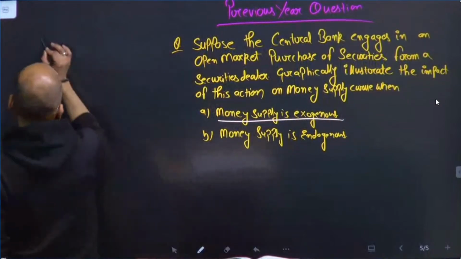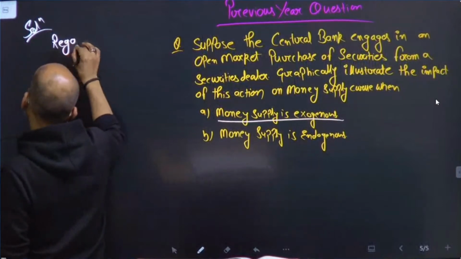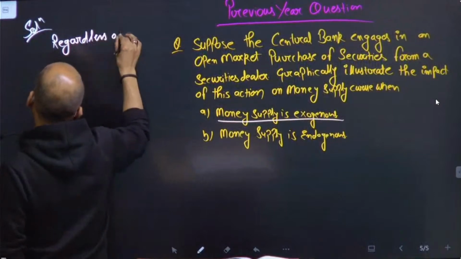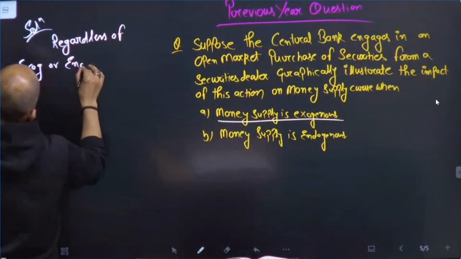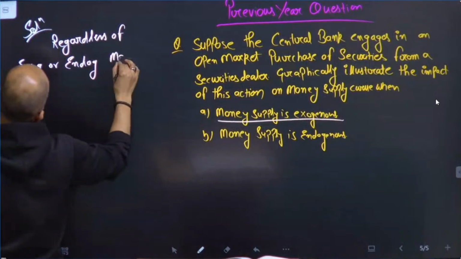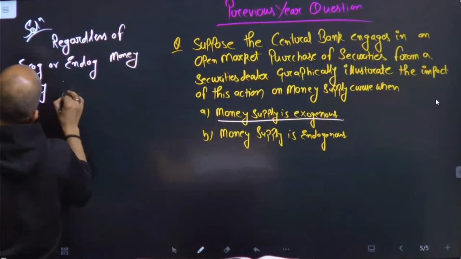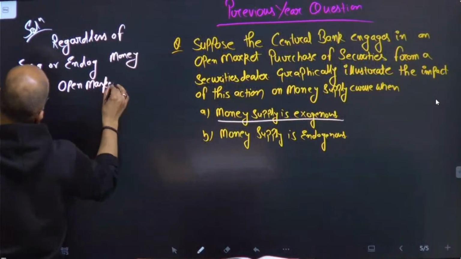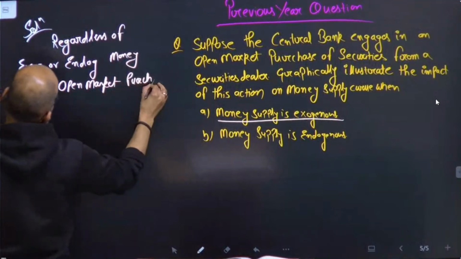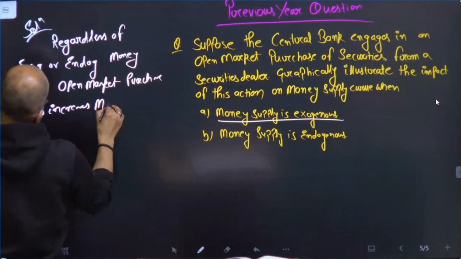So, first of all, in the solution, you will write that regardless of exogenous or endogenous money supply, open market purchase always increases monetary base.